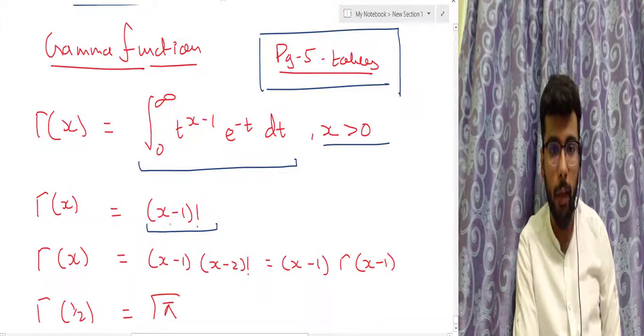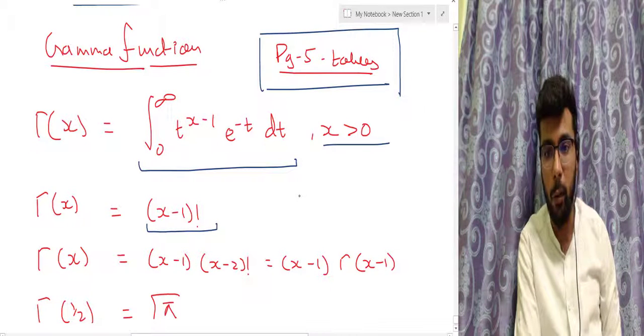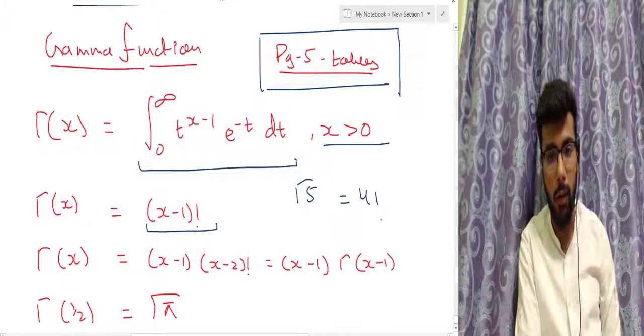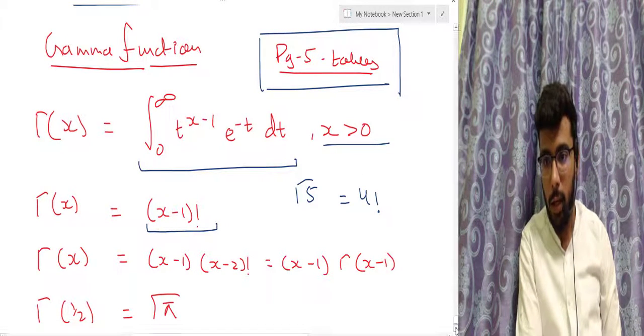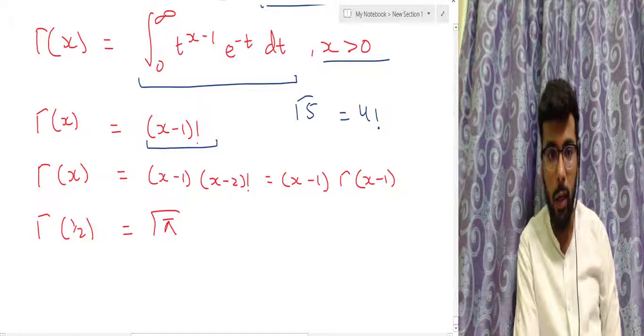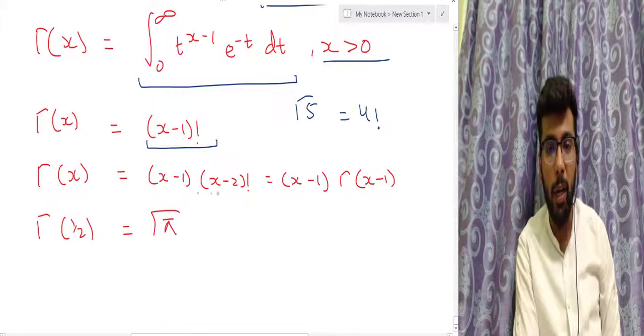So gamma of x is the same as x minus 1 factorial. For example, gamma of 5 will be the same as 4 factorial. This is true for all values of x greater than 0. Next, gamma x is equal to x minus 1 into gamma of x minus 1, that is x minus 2 factorial.